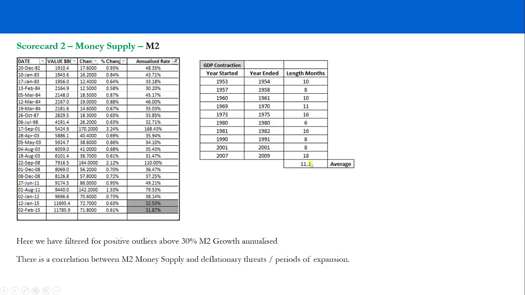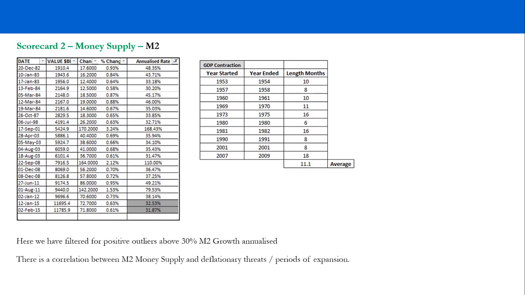We get an average of 11 months. So recessionary periods tend to last on average 11 months in the US. That table is available in the endogenous driver analysis spreadsheet and on all of your scorecard metrics.